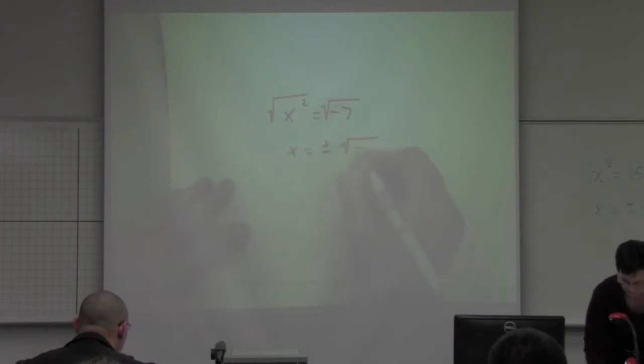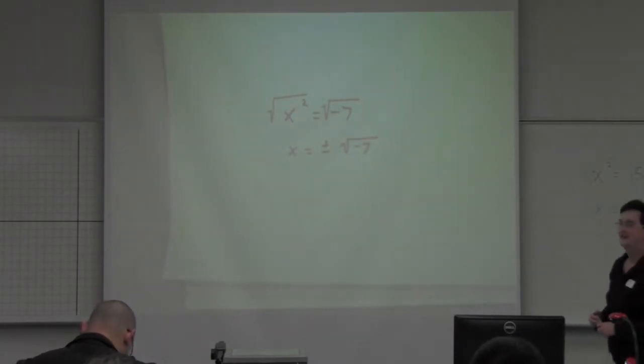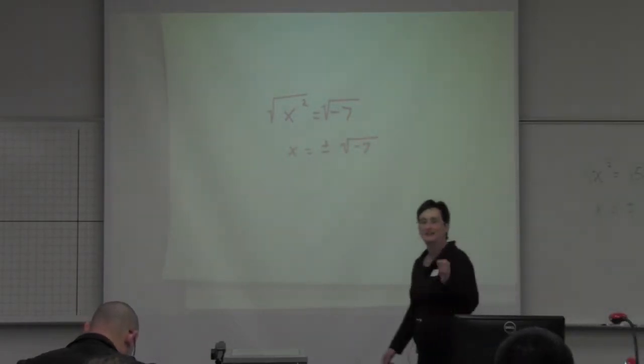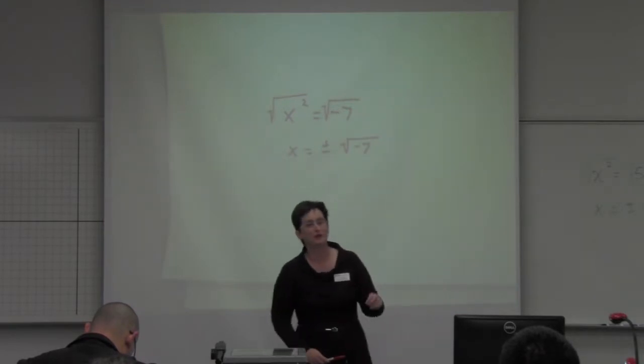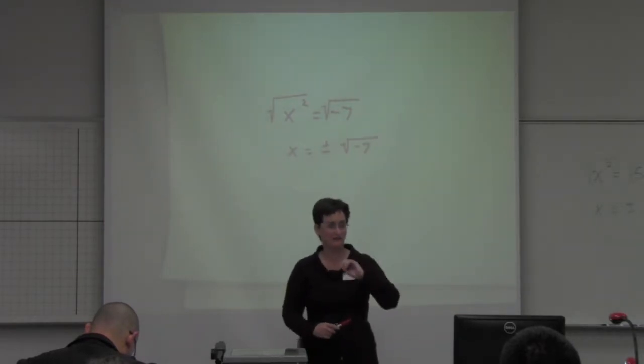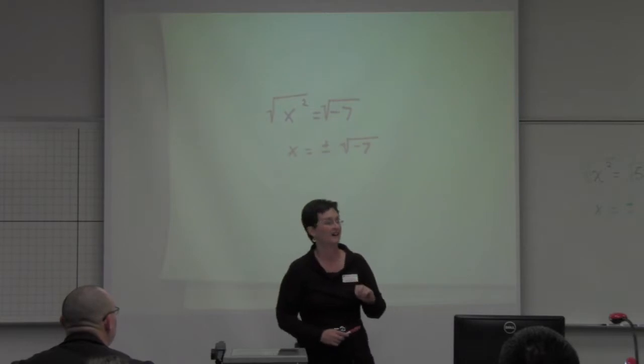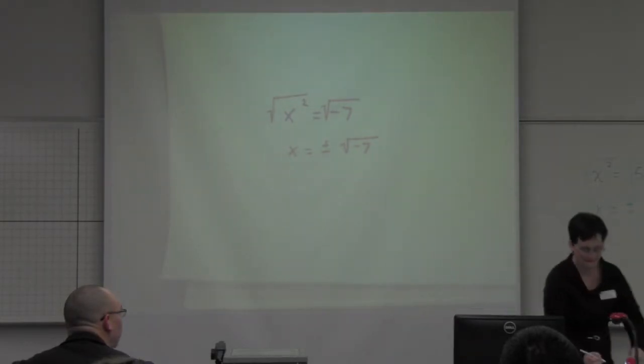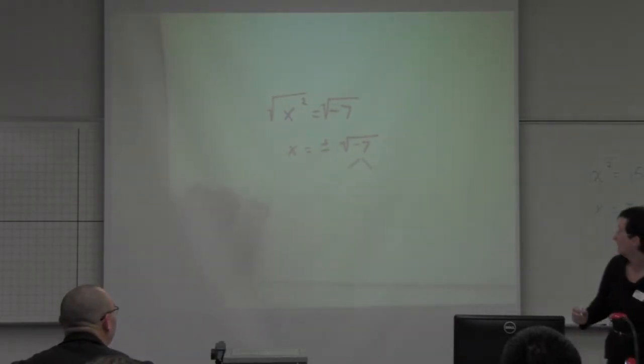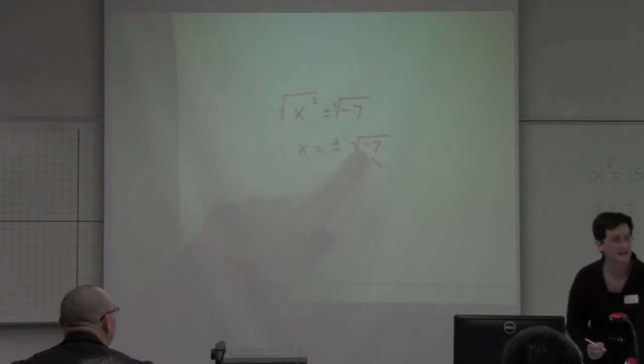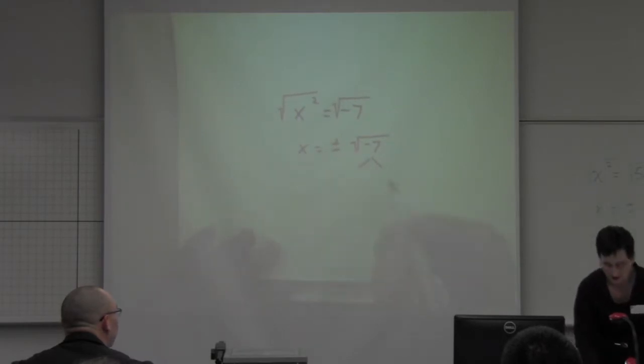All right, now let's talk about this. There you go. The square root of negative 7. What's bothering us here is that negative sign, right? So we're going to take him out.